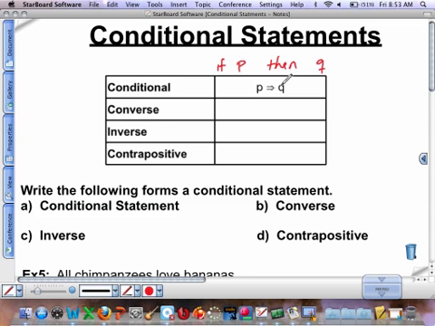He said, then Q if P. No. It's literally, you're going to leave if and then alone, and you're going to swap Q and P. So if Q, then P. If Q, then P. That's the converse.